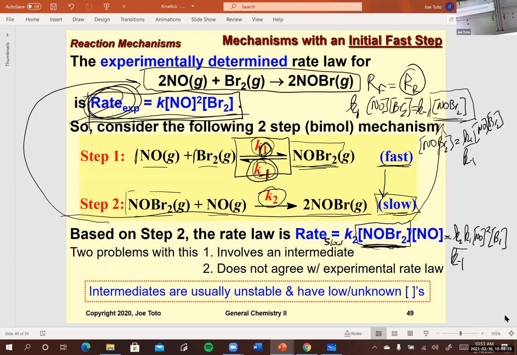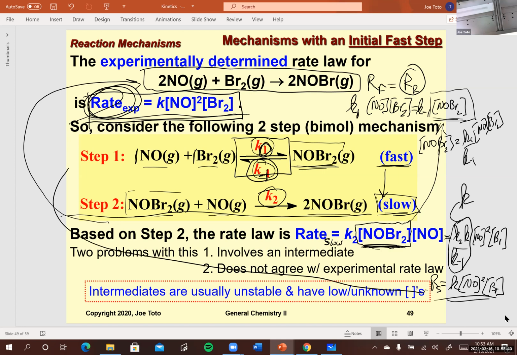And then I say, well, geez, all those Ks, they're just constants. So I'll just lump them together and I'll just call that K. And now I see that the rate for the slow step equals K times NO squared times BR. And that's what they found experimentally.